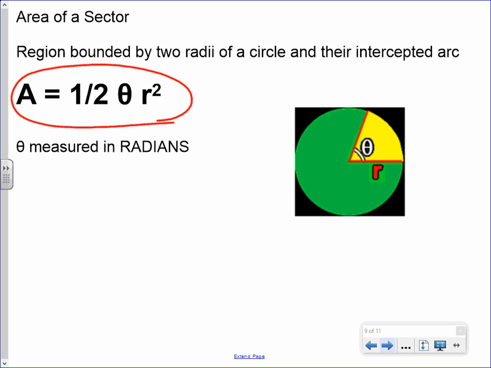Once again, theta has to be in radians. Okay, we're not going to do the example for this. This is a formula that you worked with last year, okay?